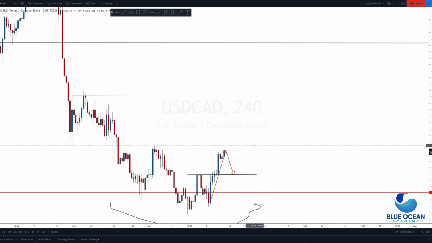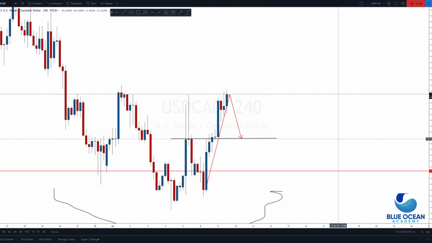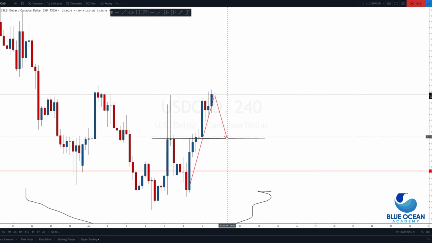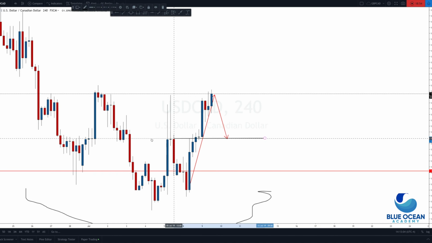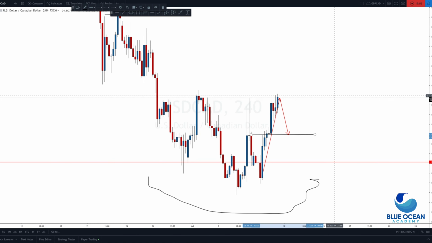All right, but being that I'm looking to buy or take advantage of the retrace move, you want to buy at the higher low points. Okay, all right, so this is a higher high. You don't want to buy high, you want to buy at the higher low points. So for right now on USD CAD, I am going to look for a buying opportunity, but it has to be back at this level here.